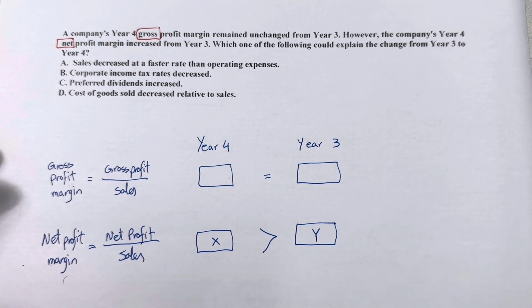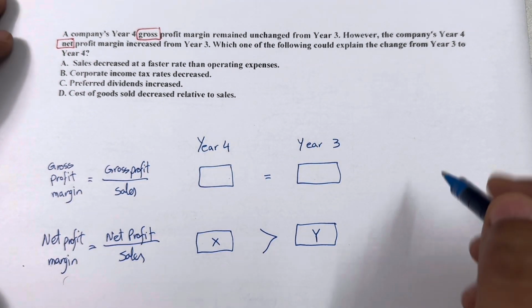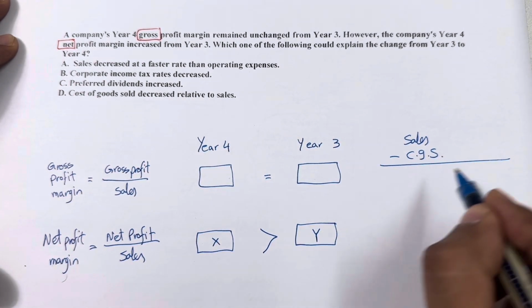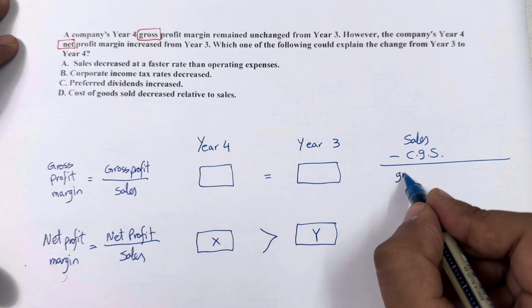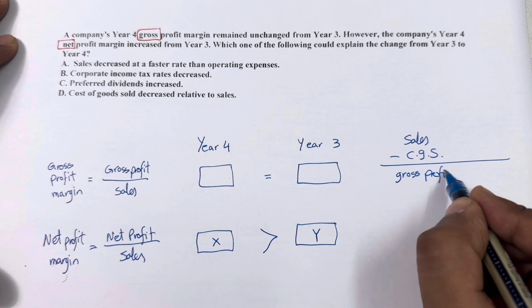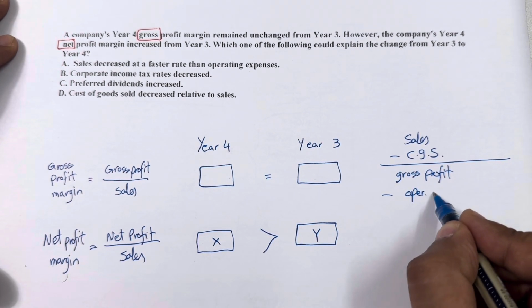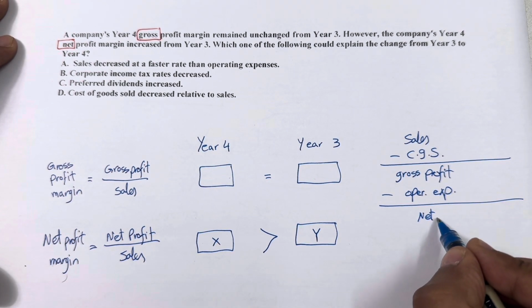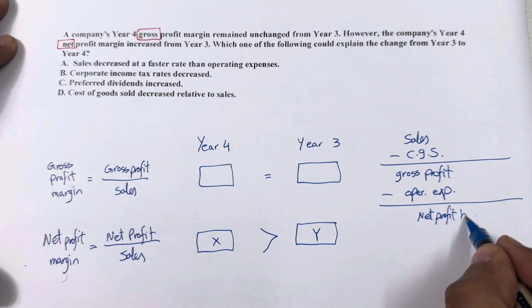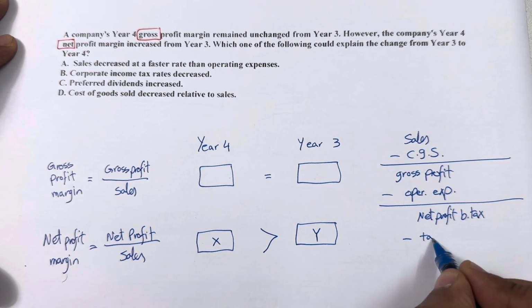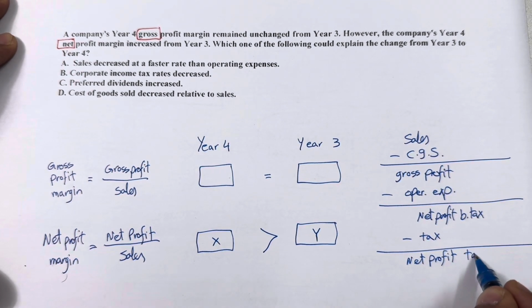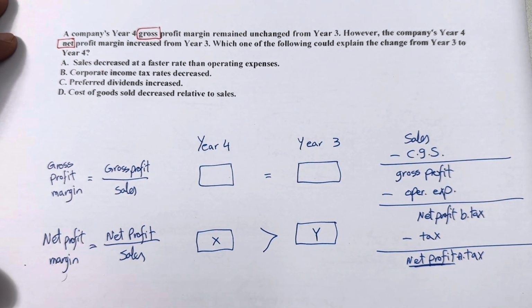Sales minus cost of goods sold is equal to gross profit, minus operating expenses is equal to net profit before tax, minus tax is equal to net profit after tax, or we can call net profit only. Net profit only means after tax.